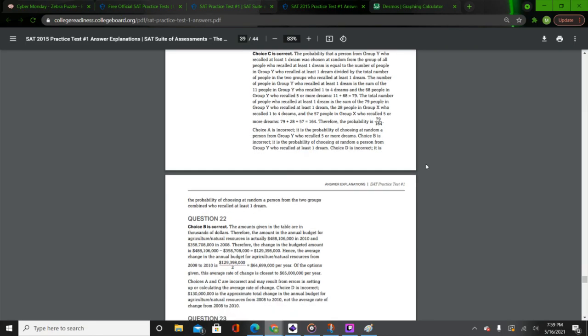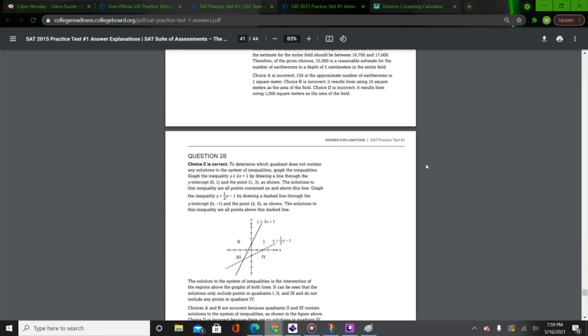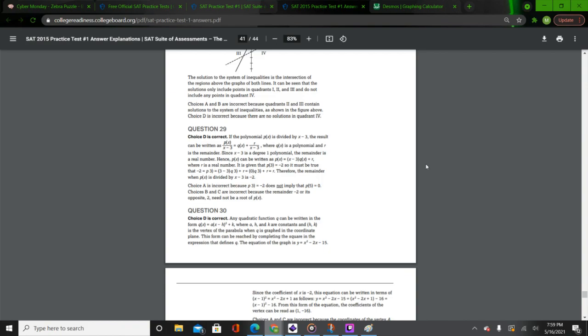So what was this, question 29? Yep. If the polynomial p of x is divided by x minus 3, the result can be written as p of x over x minus 3 is equal to q of x plus r over x minus 3, where q of x is the polynomial and r is the remainder.